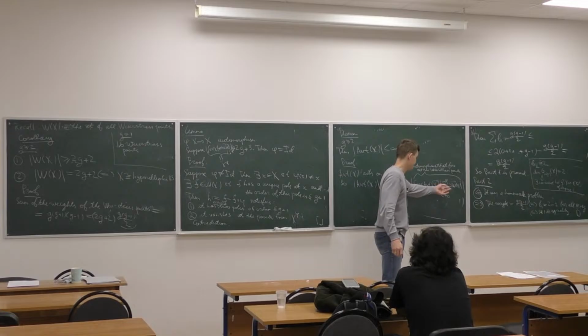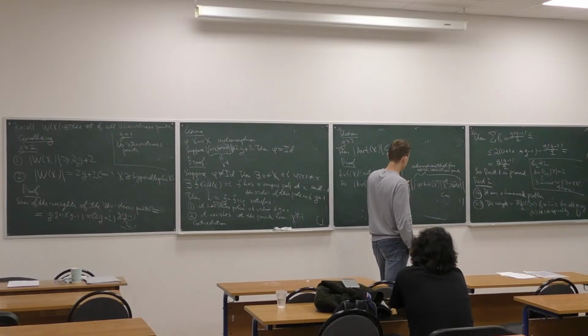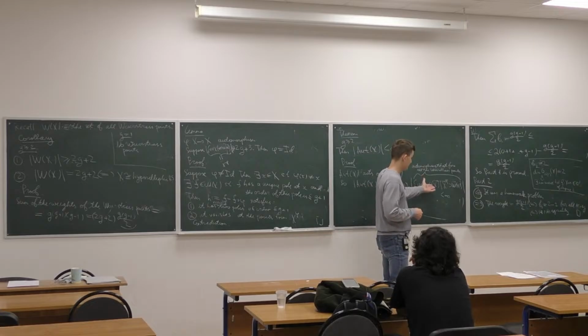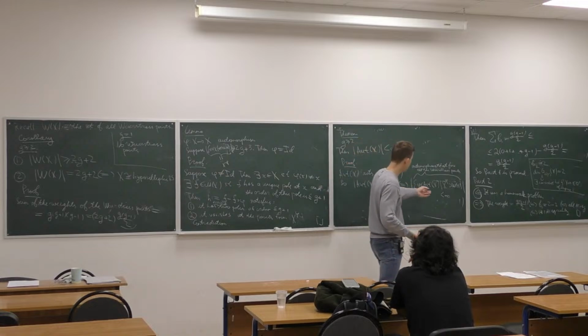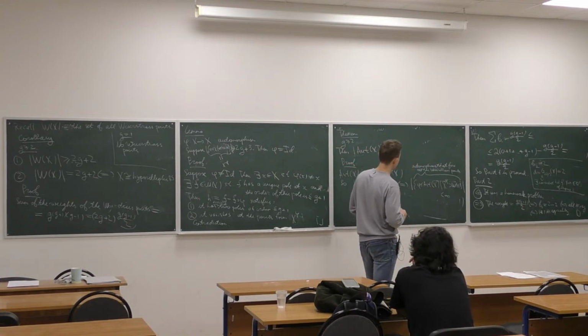Here I just write the subgroup in the group of automorphisms that fix all the Weierstrass points. This is clearly a subgroup of finite index. So the whole automorphism group is finite if and only if it's a subgroup.